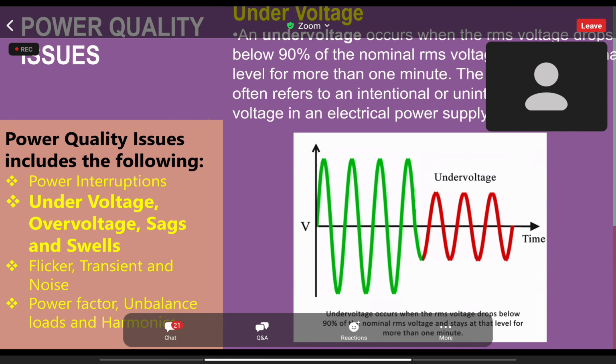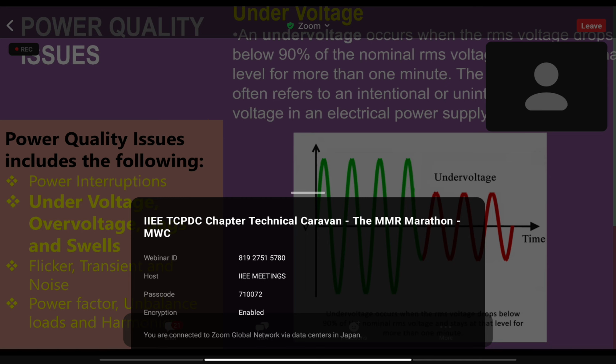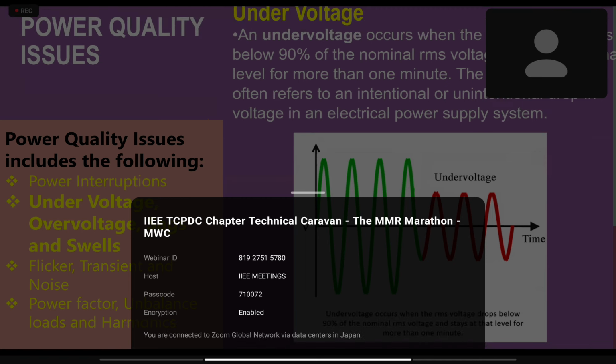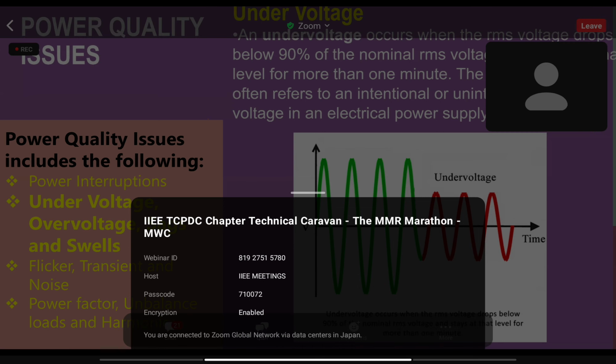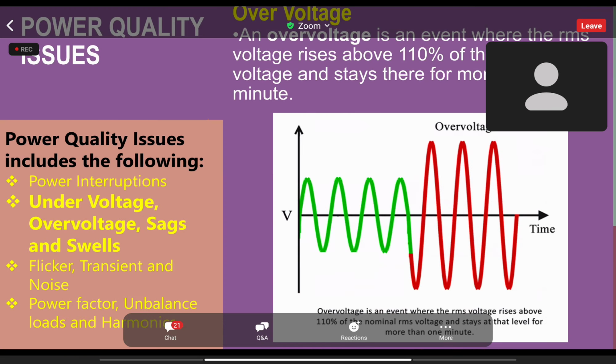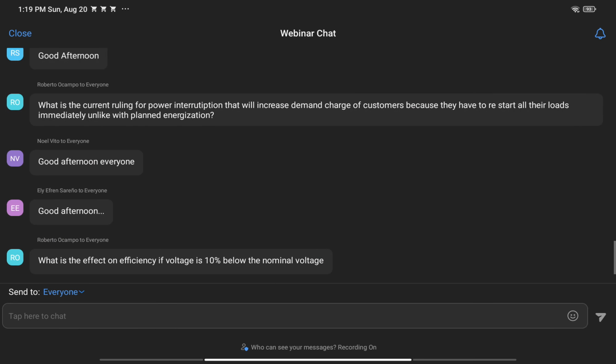So, under voltage pala, definition yan, nagkaroon tayo ng under voltage if it is below 90% of the nominal value of the voltage. Sa kabilang dako naman, if it is an over voltage, more than 10% of the nominal. If it happens 1 minute or more, these conditions could be an under voltage if it's below 90%, over voltage if it's above 110%.